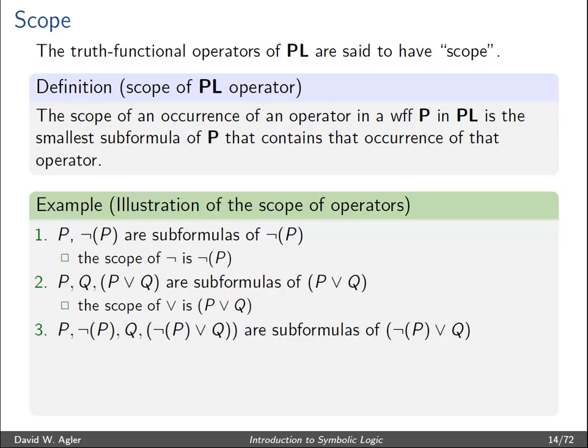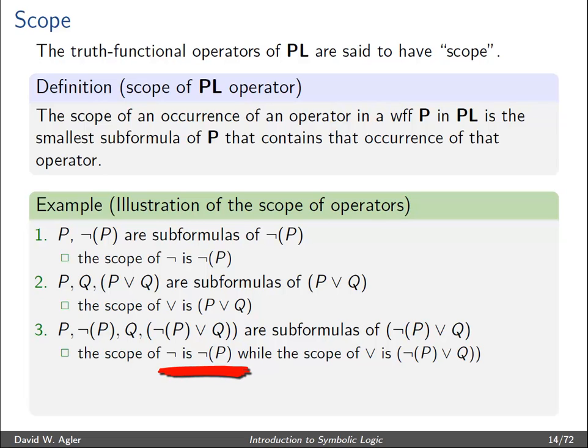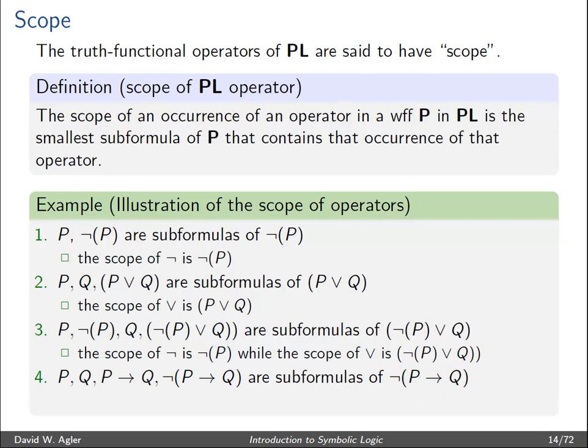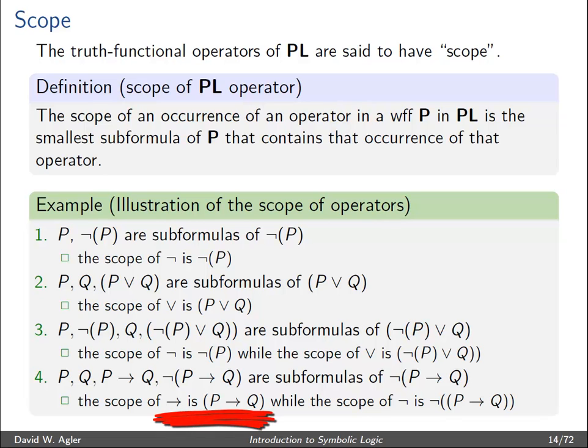In the case of not P or Q, the scope of the not applies to not P. Even though the not P occurs in not P or Q, the smallest subformula of not P or Q that contains the negation is the not P. The scope of the negation only applies to not P, whereas the scope of the V applies to not P or Q. Lastly, in the case of not P, right arrow Q, the scope of the right arrow operator applies to P right arrow Q. This is the smallest subformula of not P right arrow Q that contains that right arrow operator.